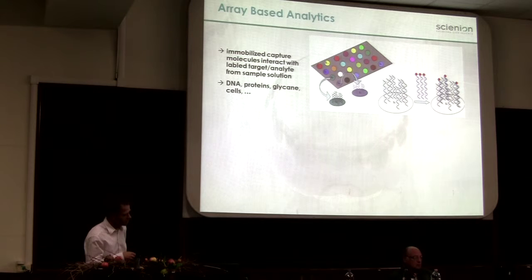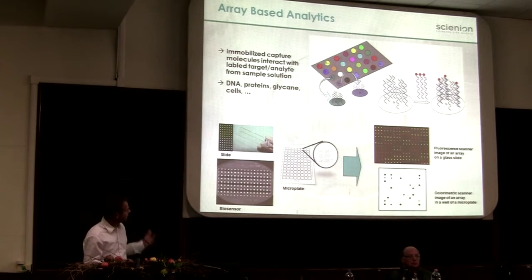So for example, in the case of DNA or oligonucleotide arrays, you would see a specific hybridization, but only with the analyte molecules where the corresponding complementary oligo strands have been immobilized in a single spot. And that can be done on classical slides.